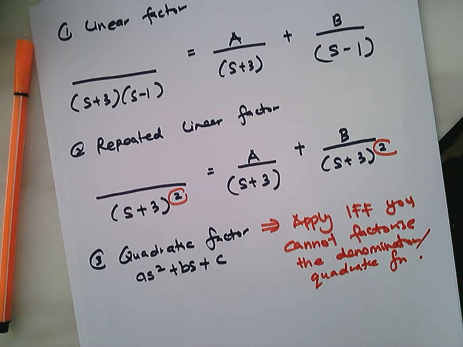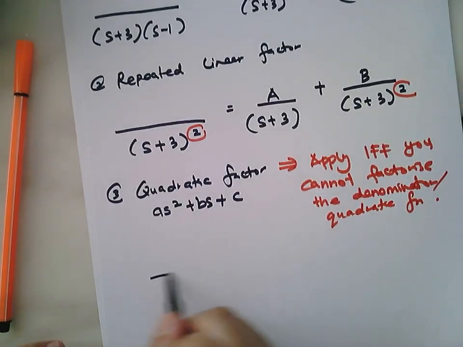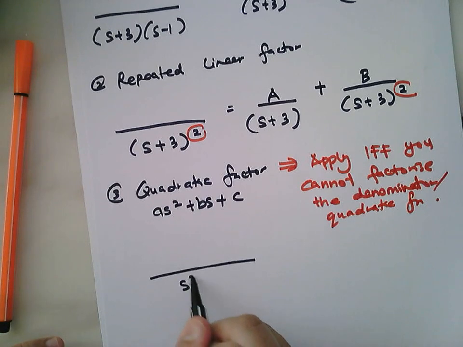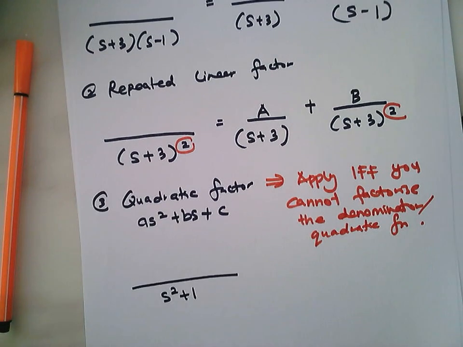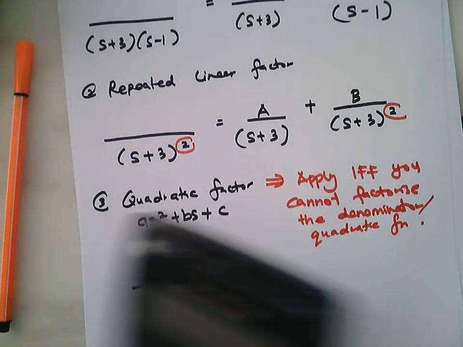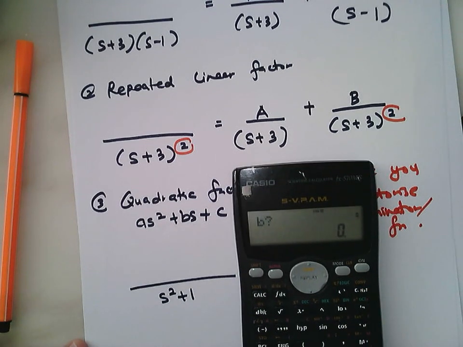Let's say for the denominator part you have s squared plus 1. This is a quadratic function, and as you can see, you cannot factorize it. If you use your calculator here, a is equal to 1, b is equal to 0, c is equal to 1.